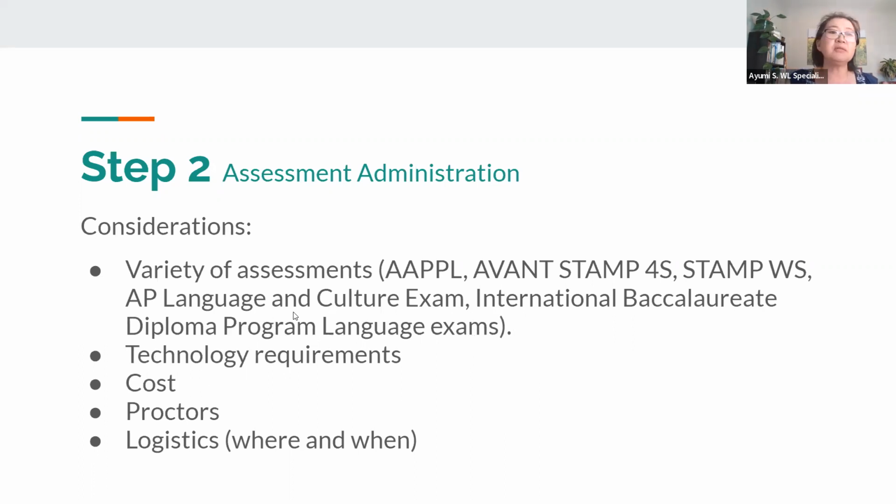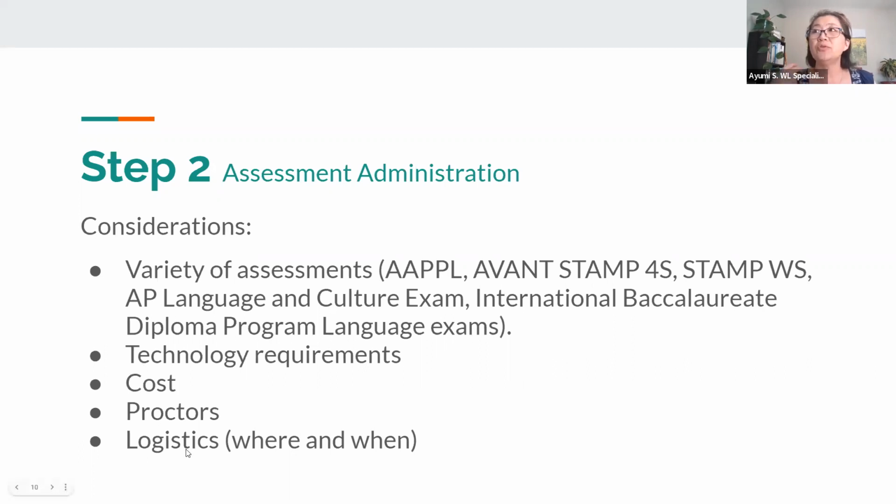So you have to identify what languages and then which assessment you use, right? That's also work, being able to discern which assessment tools are available in what languages. You have to get yourself familiar with technology requirements and, of course, cost.